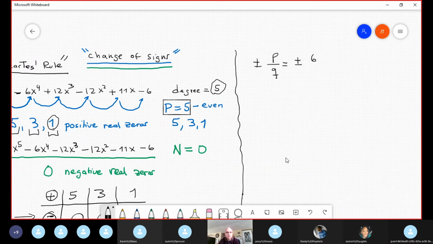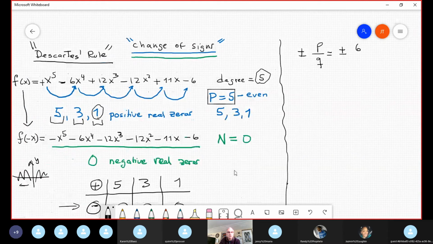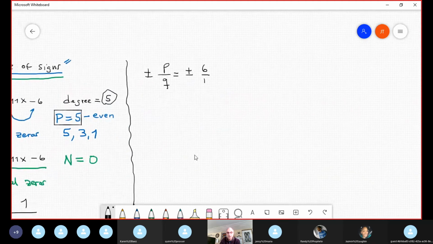Remember, I don't care the sign. And Q is 1. Look at that. Entonces the potential rational zeros I need to investigate using synthetic division is the list plus or minus 1, plus or minus 2, plus or minus 3, plus or minus 6, no? No more combinations because Q is 1, 1 is nice. So I need to investigate this.